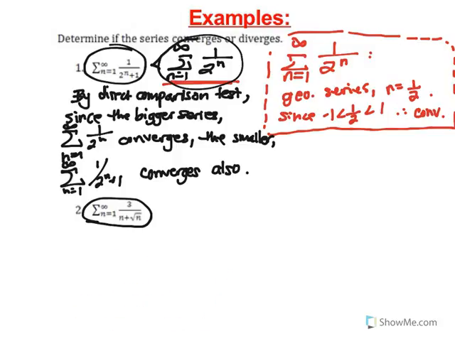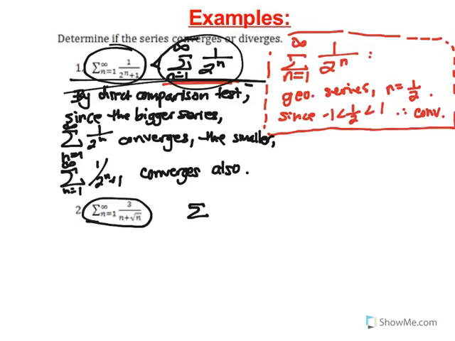So then we have to think about, okay, how can I compare this? Because none of my other tests have worked so far. What do I compare this to? If you think about up above, when we did this one, I tried to take what I was given and simplify it. 1 over 2n plus 1 became just 1 over 2 to the n.